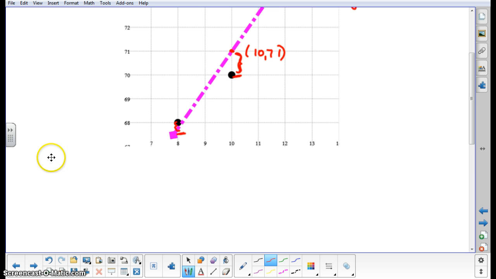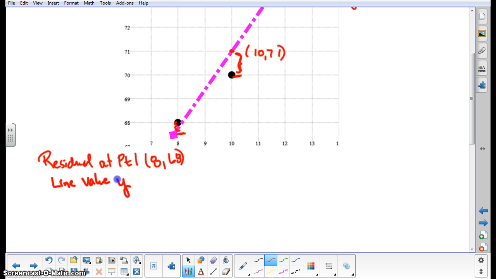So the residual at point 1, which is 8 and 68. We're going to plot the line value y at x equal to 8.